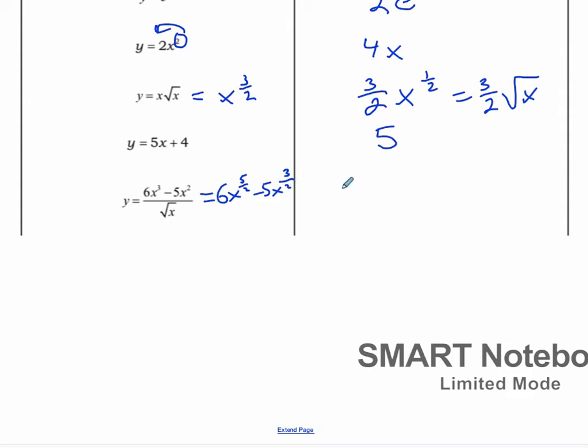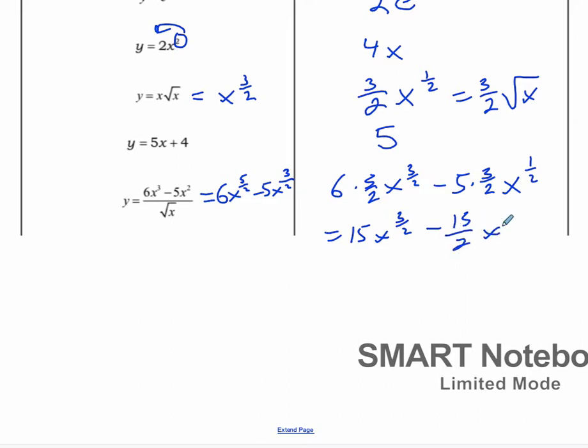So when I get the derivative, I have to do 6 times 5 over 2 x to the power of 3 over 2 minus 5 times 3 over 2 x to the power of half, which is 15x to the power of 3 over 2 minus 15 over 2 x to the power of half. So that's just a review of a couple of derivatives.